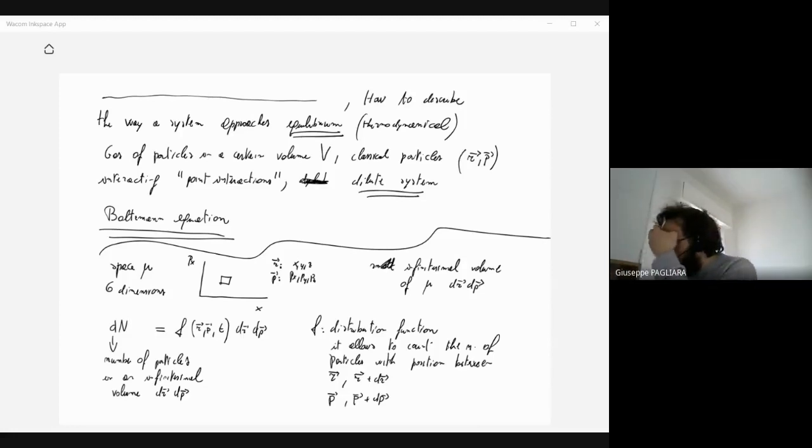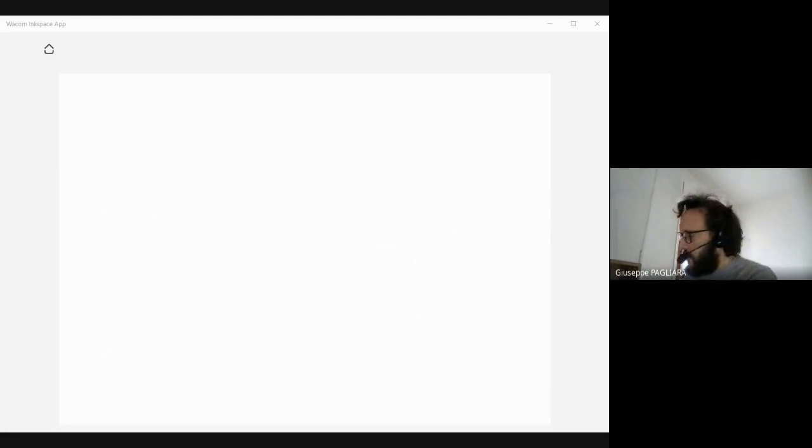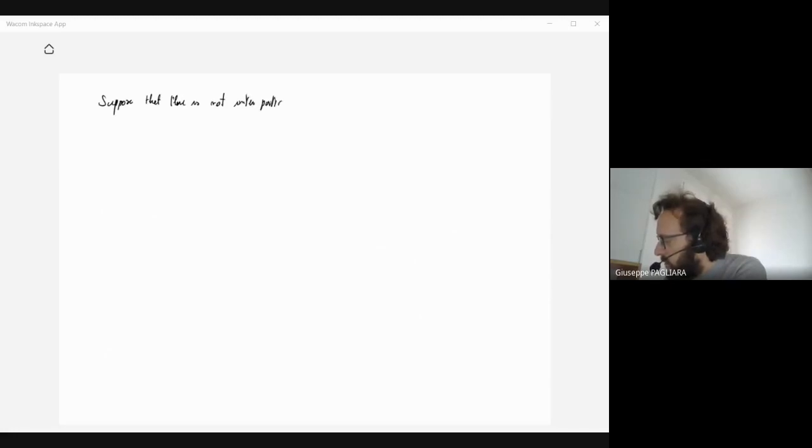Let me change page. Suppose for a moment, in one limit, that there is no interparticle interaction.